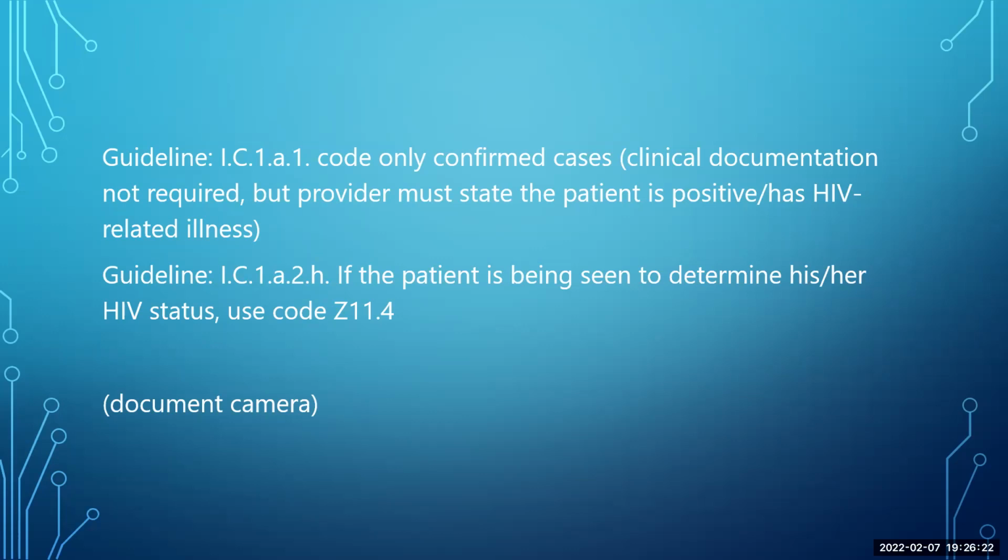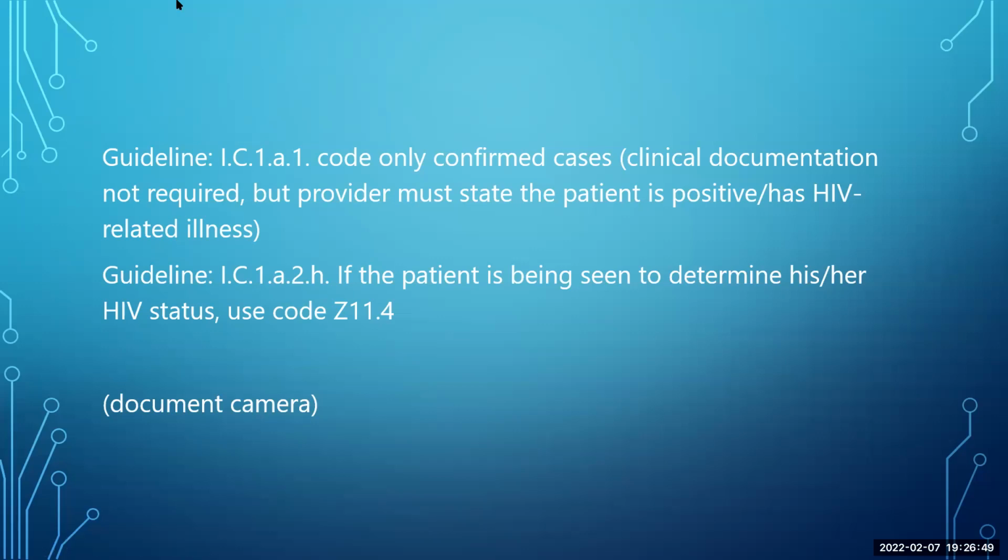So those are the two conditions that would allow us to use the code B20, which is HIV. And then guideline 1C1A2H, again, we'll look at it, don't worry, states that if a patient is being seen to determine his or her HIV status, use code Z11.4. And so this is giving us some guidance on what would be the appropriate code for screening.